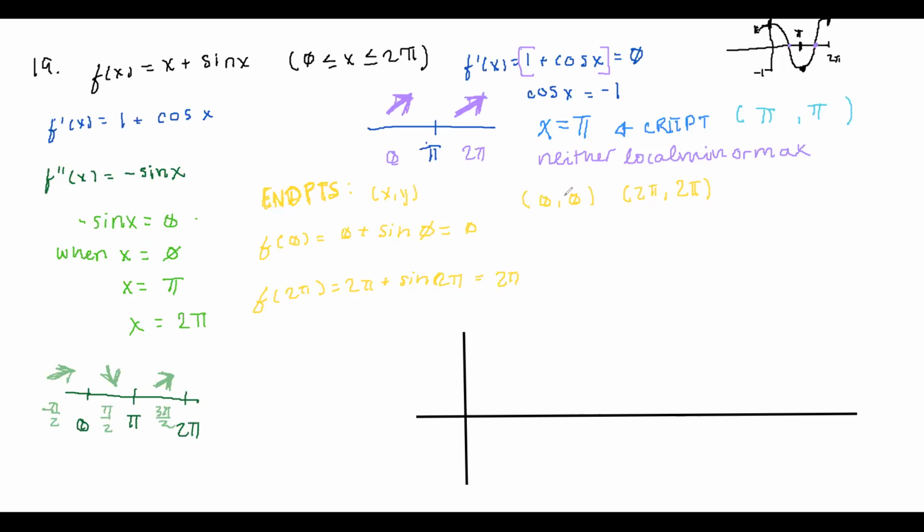So I'm going to put all 3 of these points onto this graph. So here is 0, here is going to be pi, and here's going to be 2 pi. And I'm going to extend this up.